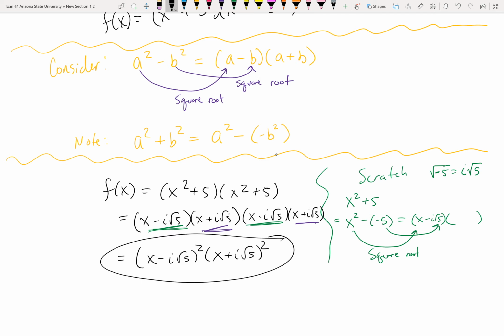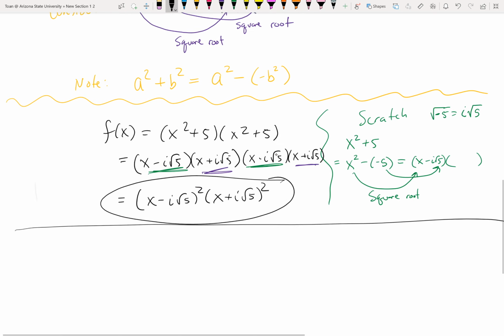So that would be the complete factorization of our original problem. So the moral of the story of this example is remembering this very important factoring pattern, and now understanding that we can utilize it even if we don't have perfect squares, even if we don't have subtraction.